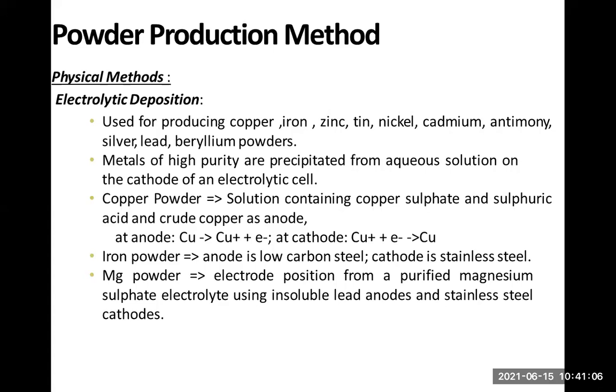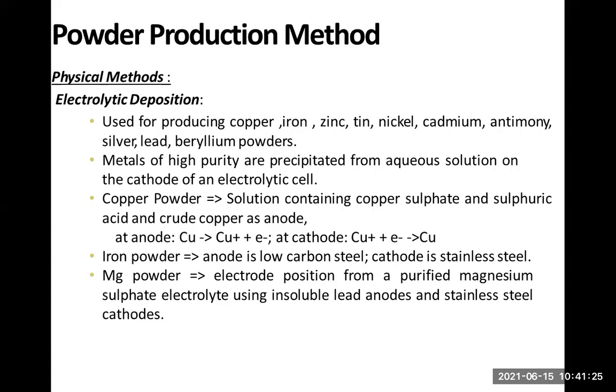Like copper powder: the solution consists of copper sulfate and sulfuric acid and a crude copper anode. At the cathode, it will have pure copper, and the electrolyte consists of copper sulfate and sulfuric acid.